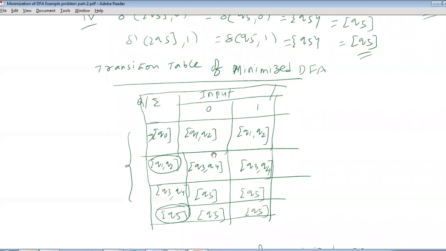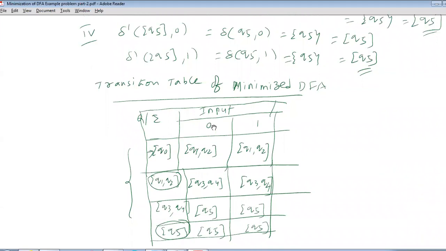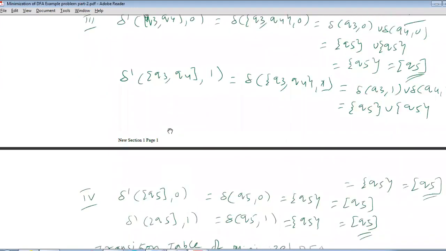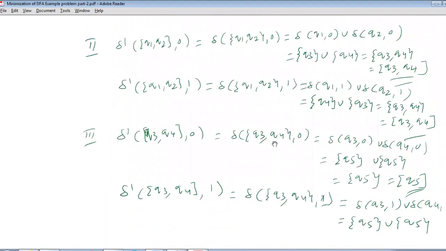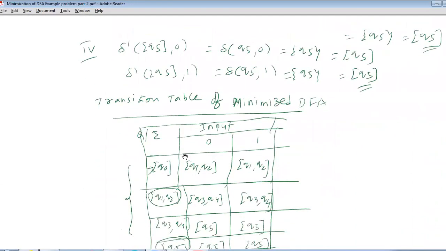Then in the table, you can fill all the cells with next states based on the current row state and current input symbol. Q0 on 0, from what we obtained above, is Q1, Q2, so you can write it as it is. Therefore Q0 on 0 equals Q1, Q2.